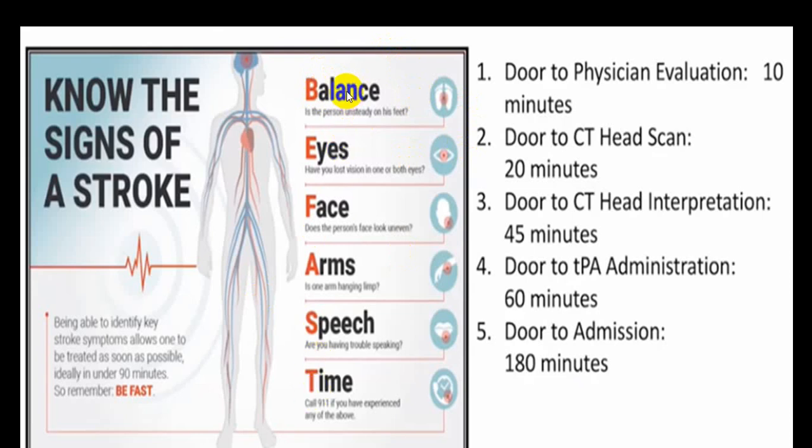If any person has an imbalance, eye or visual disturbances, facial weakness, arm and leg weakness, speech disturbances, and if the person comes in time, then door to physician evaluation is 10 minutes, door to CT scan 20 minutes, door to CT head interpretation 45 minutes, so totally this should be within 45 minutes, and then you should immediately start door to TPA administration within 60 minutes and complete door to admission within 180 minutes.